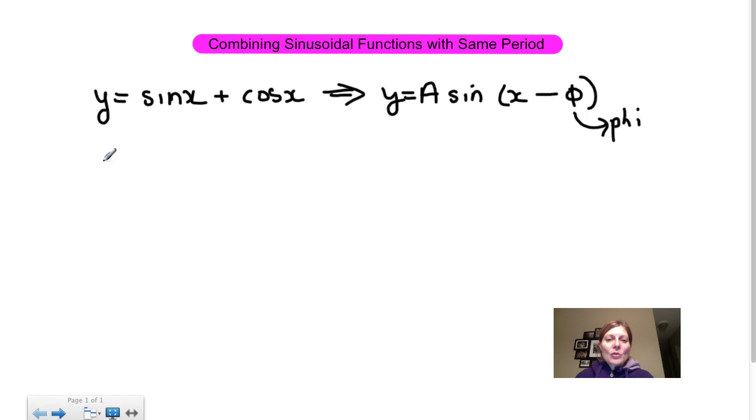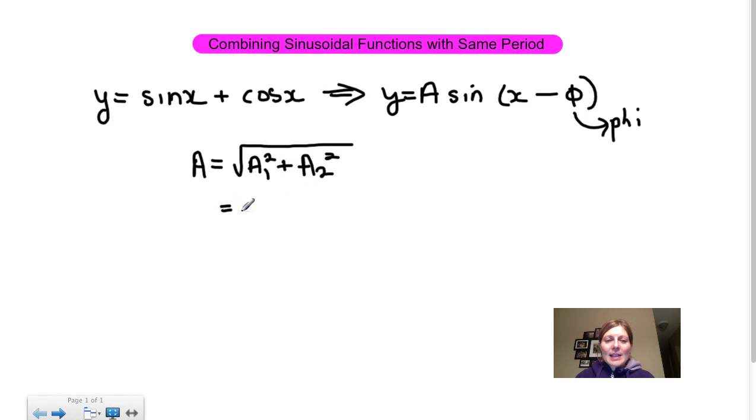Now, there's a shortcut to figure out what the amplitude is. In order to figure out what this new amplitude is, the amplitude is going to be equal to the square root of the amplitude of my first function squared plus the amplitude of my second function squared.